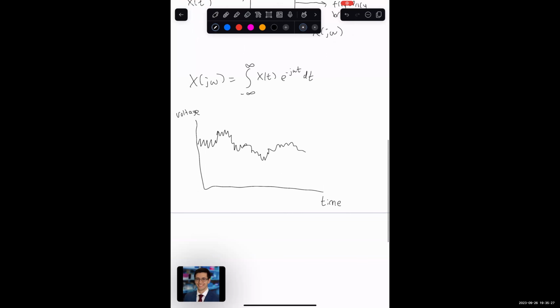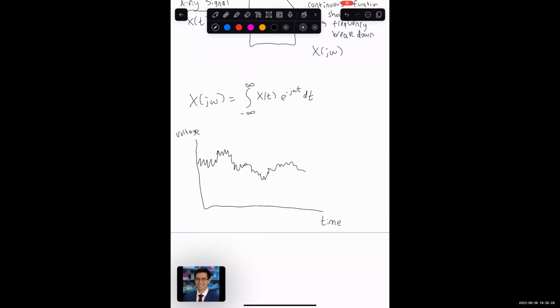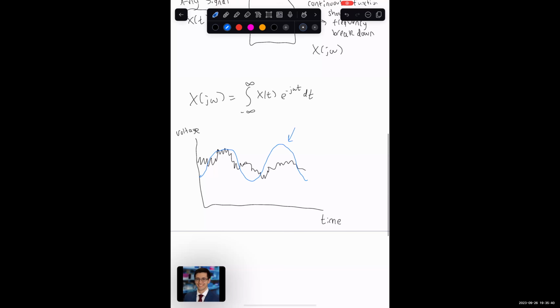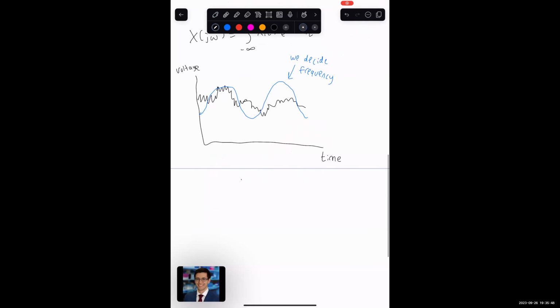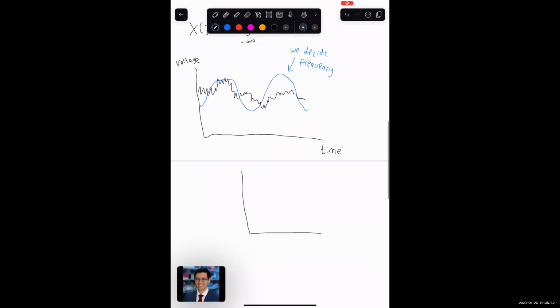So what we can do is we can overlay a function of a known frequency. This is us deciding this frequency, right? We decide this frequency. This is known. This is like on MATLAB. And what we're able to do is map the similarity between this known frequency and our original signal.